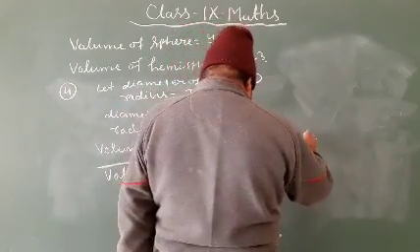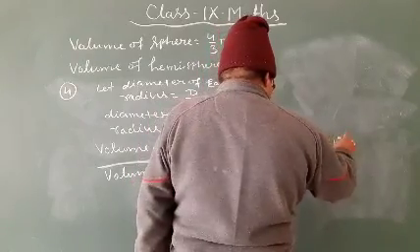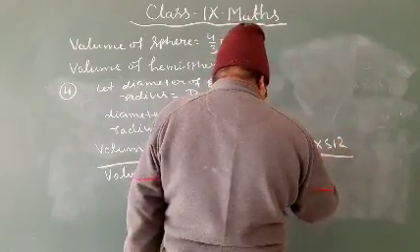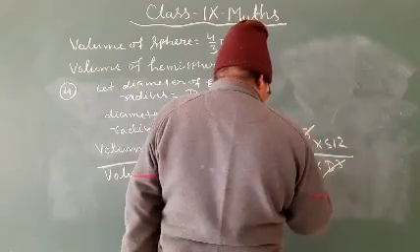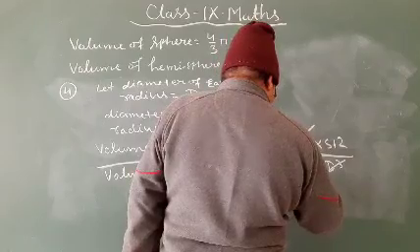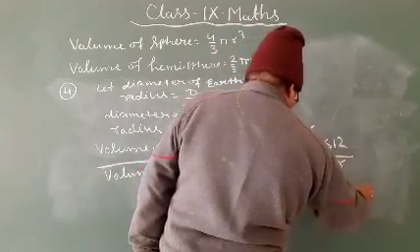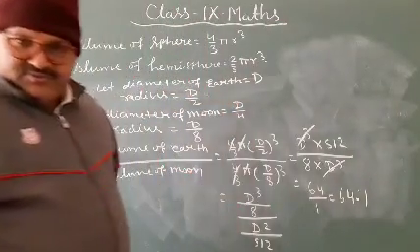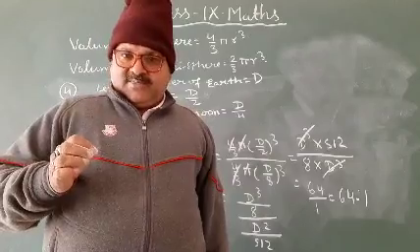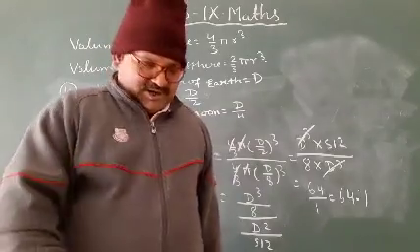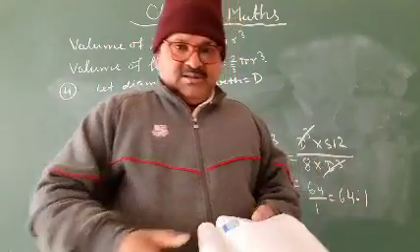So that's equal to d cube into 512 upon 8 into d cube. That cancel, and 64 upon 1, that's equal to 64:1. 64:1 is the ratio of the volume of Earth and Moon. Clear? Thank you.